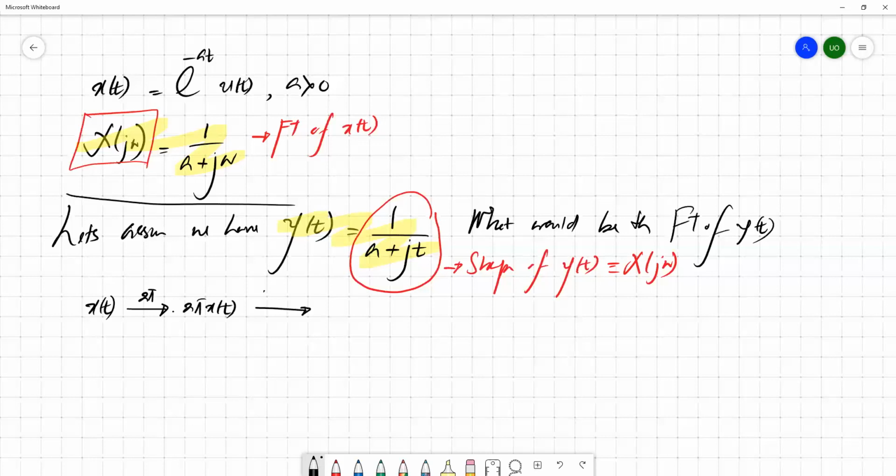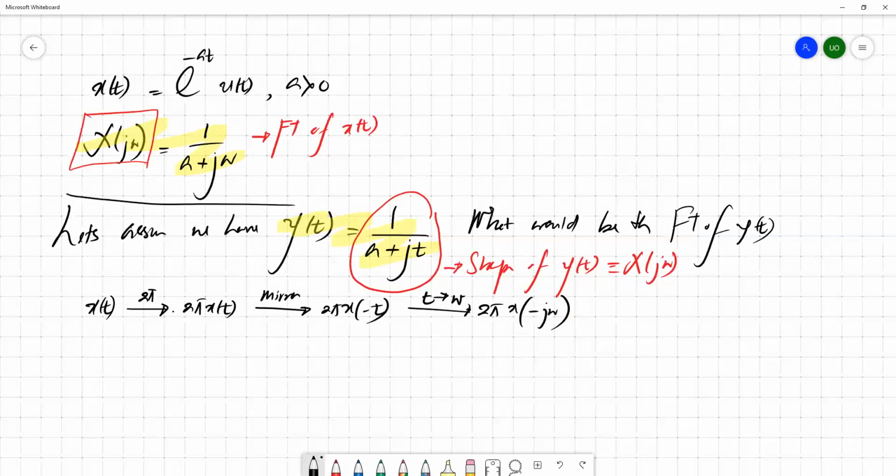Then take the mirror, so 2 phi x minus t. Then replace t with omega.